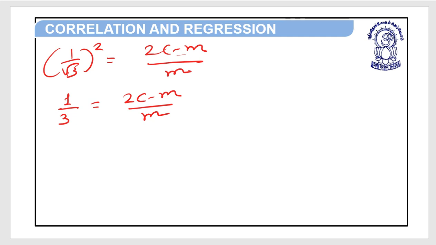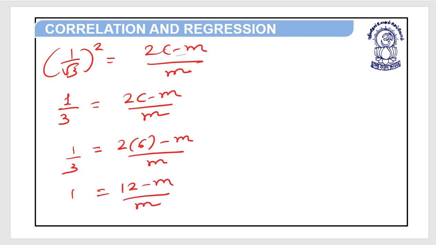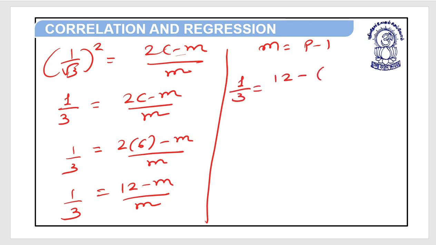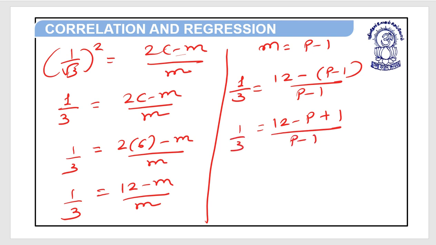Here c is equal to 6. So 2 into 6 minus m by m, that is 12 minus m by m, equals 1 by 3. Now put m is equal to p minus 1. So 1 by 3 is equal to 12 minus p plus 1 upon p minus 1.